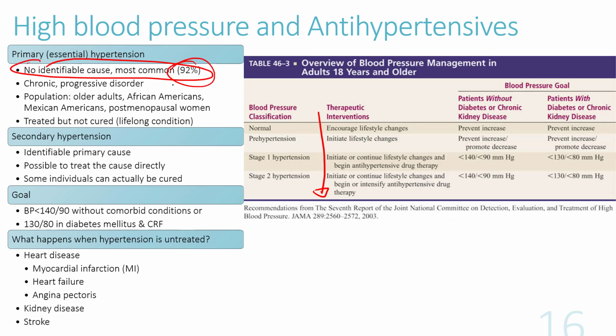With secondary hypertension, there is an identifiable cause, and so if it's possible to treat the primary cause, secondary hypertension can actually be cured, right? So you've got the various goals of hypertension. Again, you've got the blood pressure goal over here. And what happens when hypertension is untreated? It can lead to heart disease, kidney disease, and stroke.